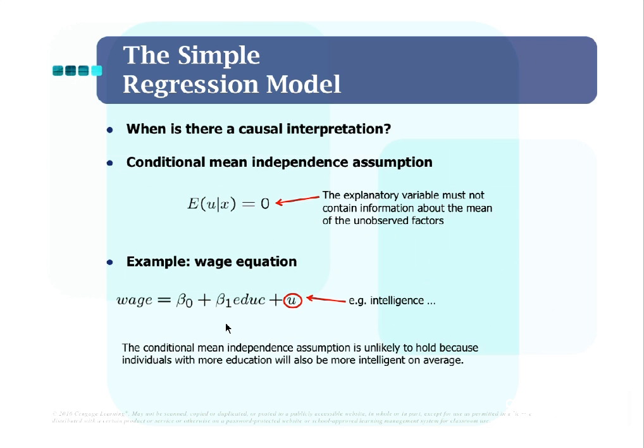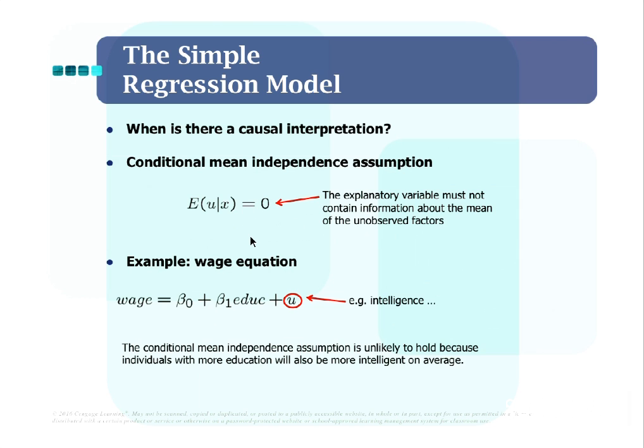We have mentioned that to correctly identify beta 1, the slope parameter, we have to hold the disturbance term or the error term constant. This can be translated into statistics in the form of the assumption that the conditional mean of u conditional on x equals 0.